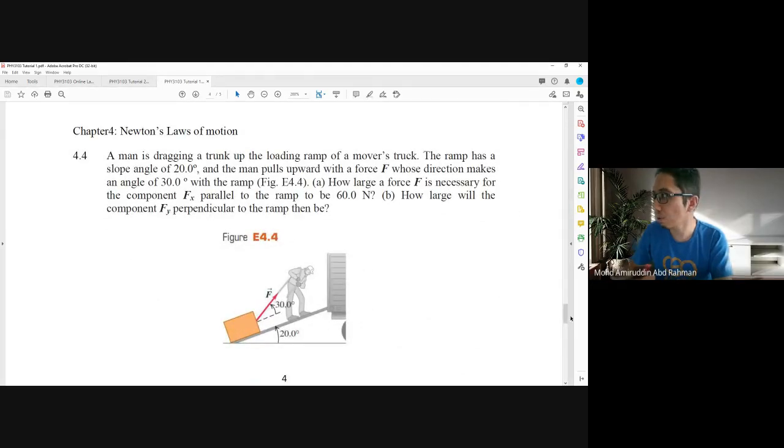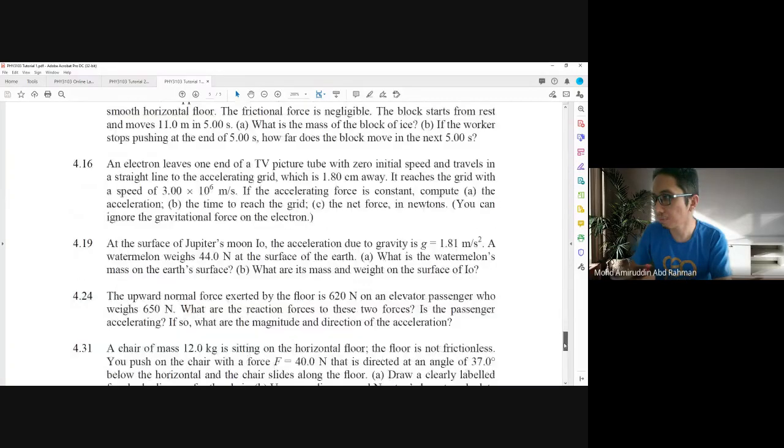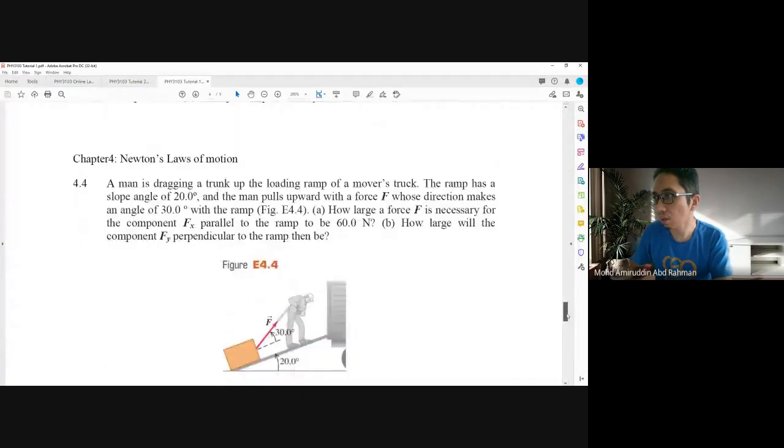For chapter 4, we haven't finished yet. So that's it for chapters 2 and 3, because we haven't discussed how to solve the problems for chapter 4.